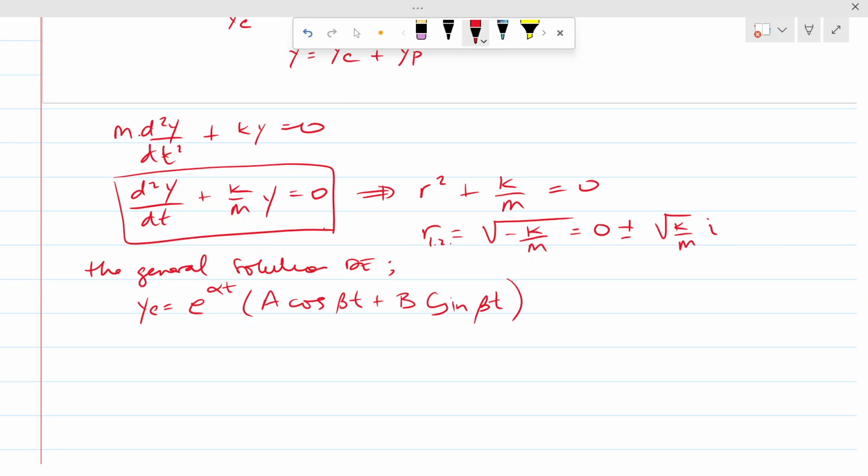From the roots, we can tell that alpha equals 0 and beta equals the square root of k over m. We can plug that information in there.